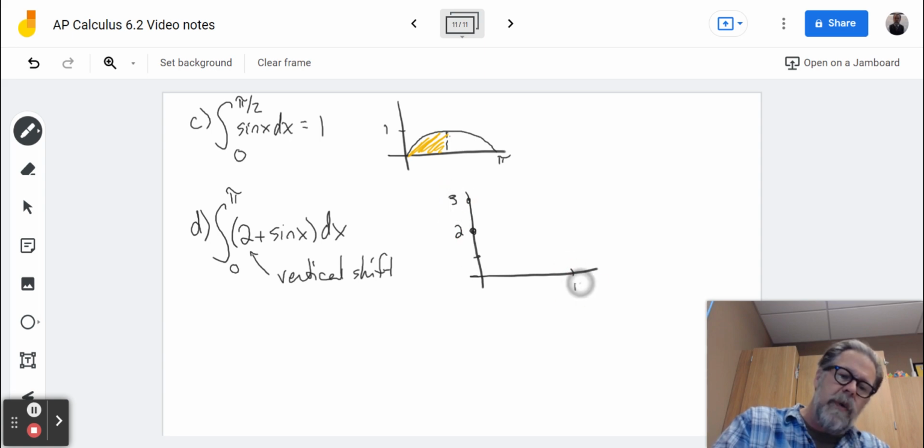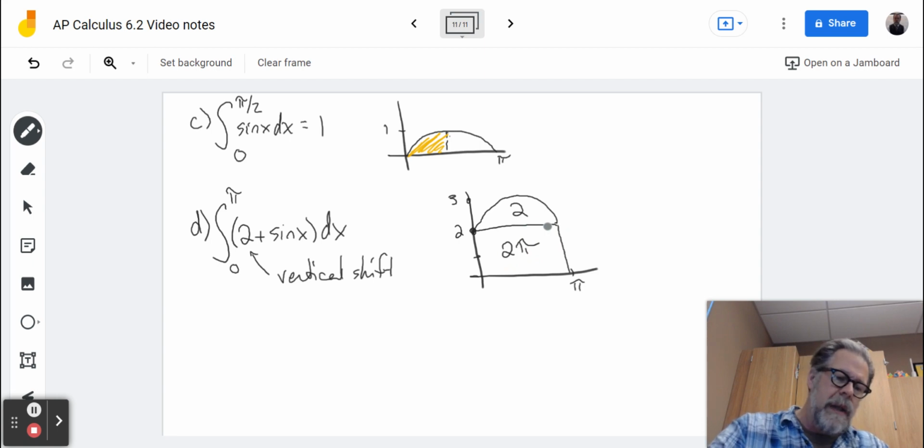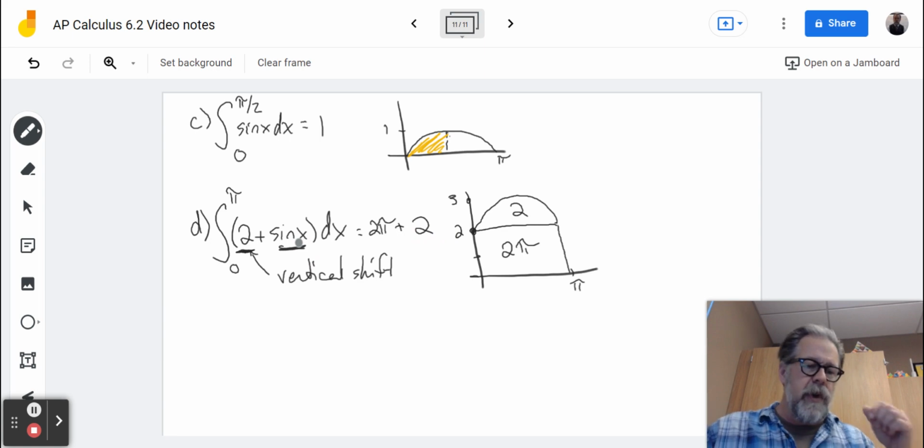It's going to end at 3. It's still going to pi. Well, I know that this area is still 2, but this area is just 2 pi. So this is equal to 2 pi for the vertical shift portion plus 2 for my original function.